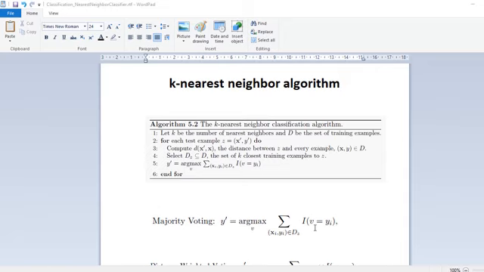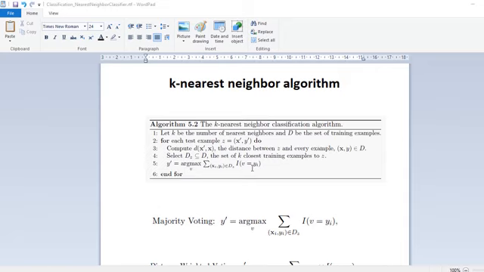So once the nearest neighbor list is obtained, the test example is classified based on the majority class of its nearest neighbors, according to this particular formula based on the indicator function.